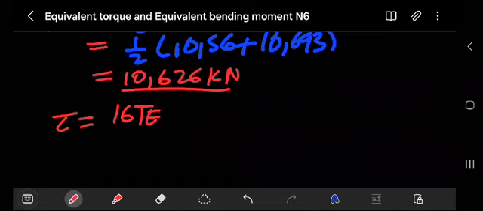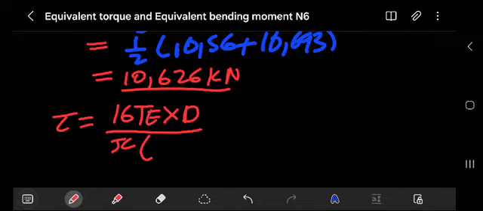The stress multiplied by our diameter divided by pi. Remember that it's a hollow diameter, will be like this. Small letter d here, raised to the power 4.